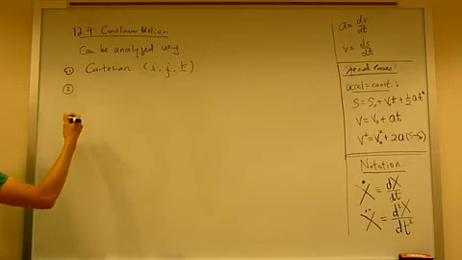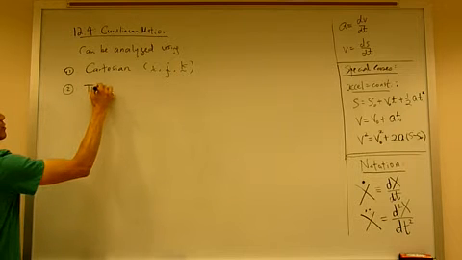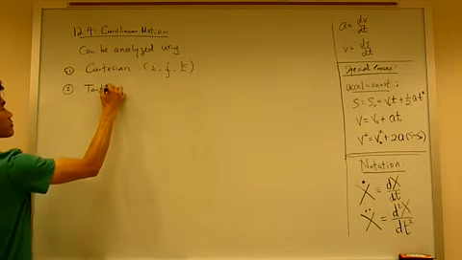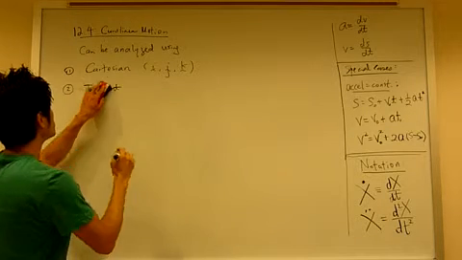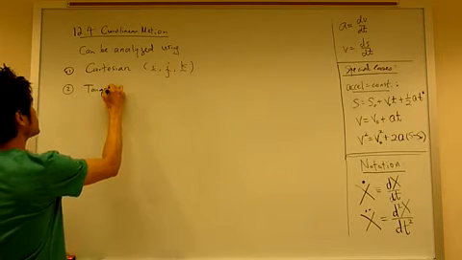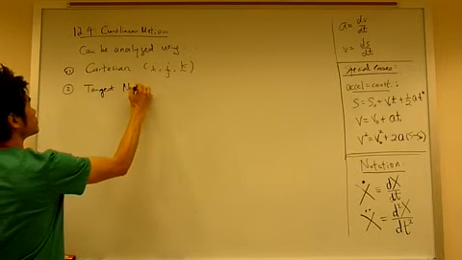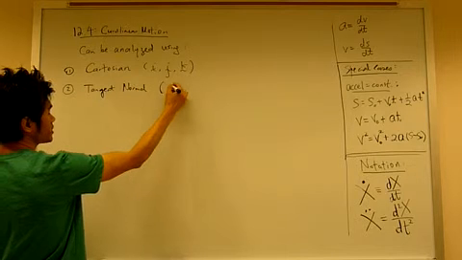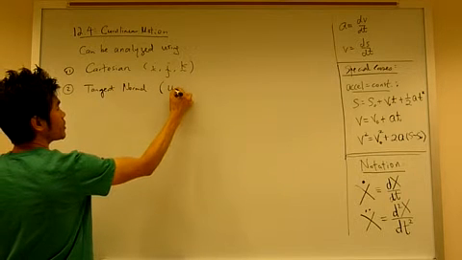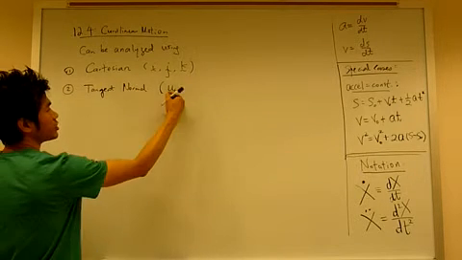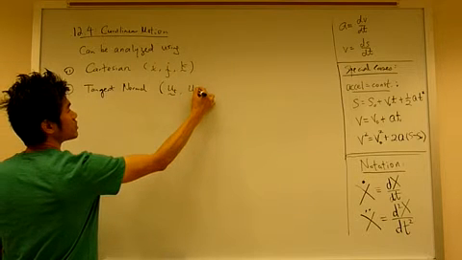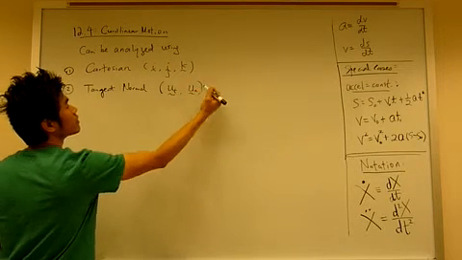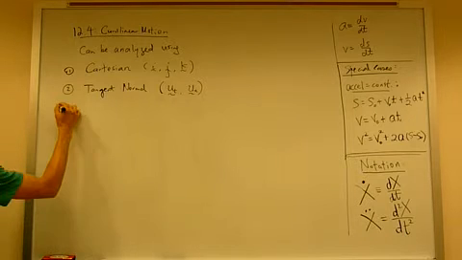The second coordinate system is called tangent-normal, with the unit vector in the tangent direction being u_t, and in the normal direction being u_n.